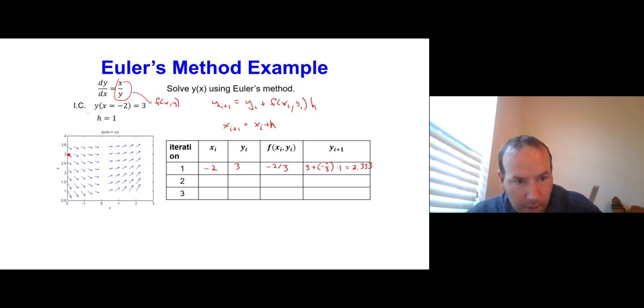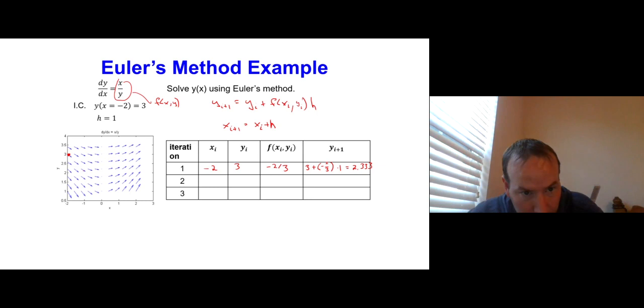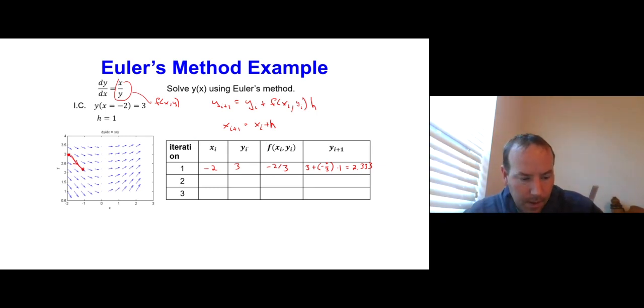Let me update our plot. At x equals -1, it's around here. Then we update x, which is -1 at the next step, and y_i is 2.33.